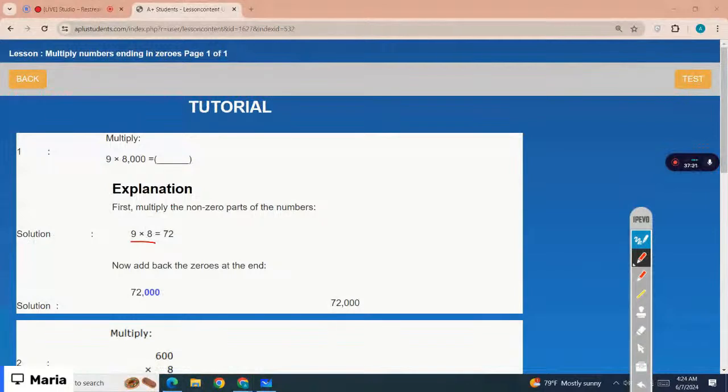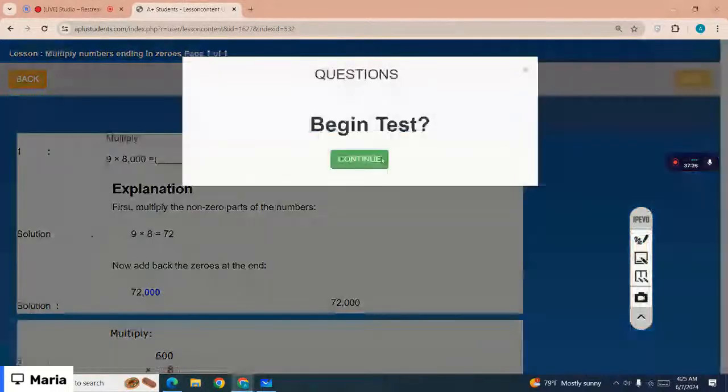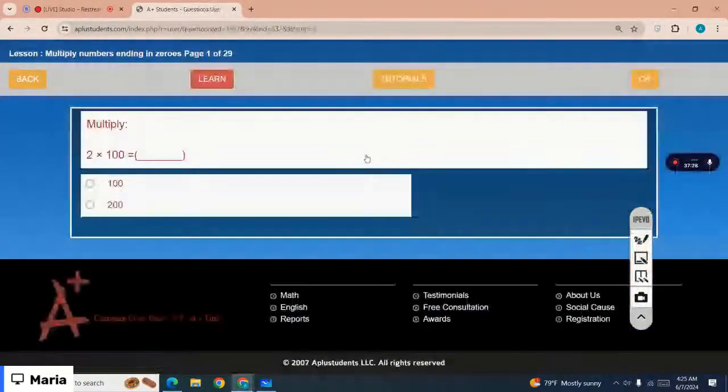Let's just start with the practice questions. So basically, when you multiply with the number that have zeros, you simply have to multiply the non-zero values and then add the zeros, right? For example, you have 100 times 2, right? So you have 2 times 1 is 2 and 100 has two zeros.